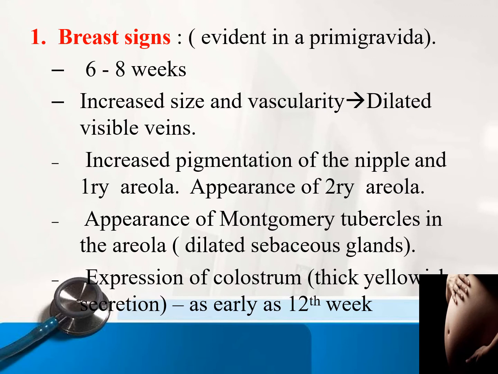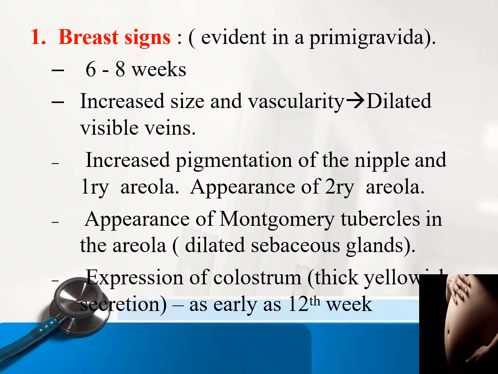So increased size and vascularity of the breast will be there, and because of this, the veins will get dilated and become visible over the surface of the breast. Increased pigmentation of the nipple will be there, that is, appearance of the secondary areola, and the primary areola will become more thick also.